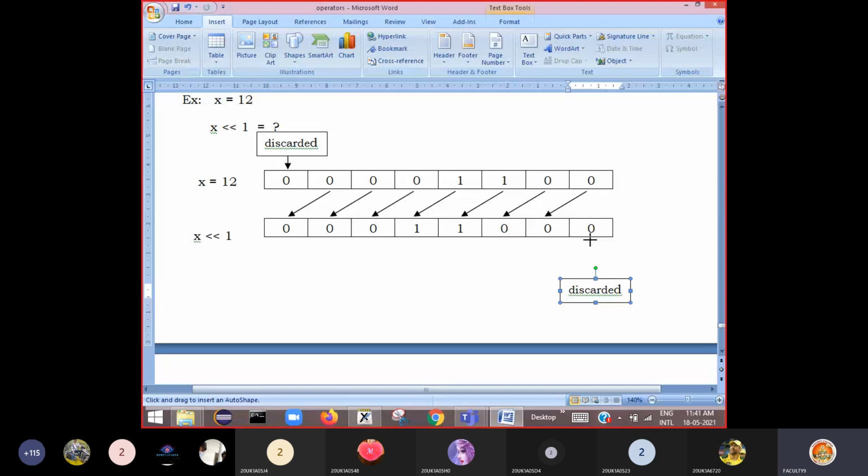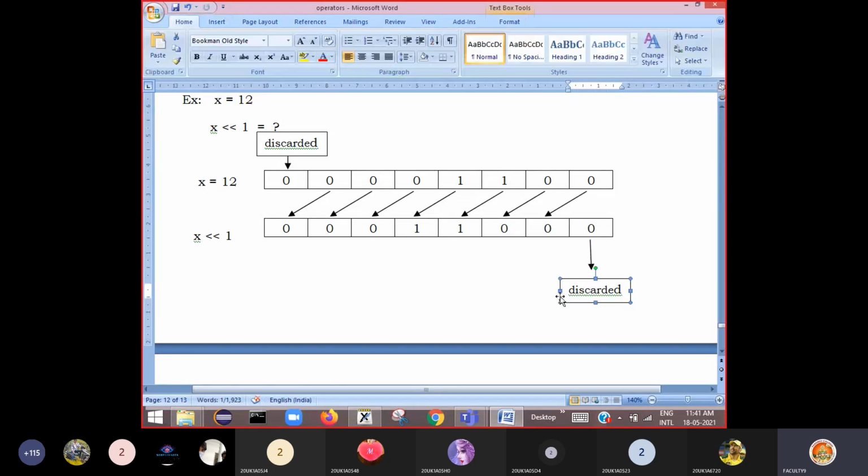So this is filled with the zeros. I'll write here: filled with 0 automatically.